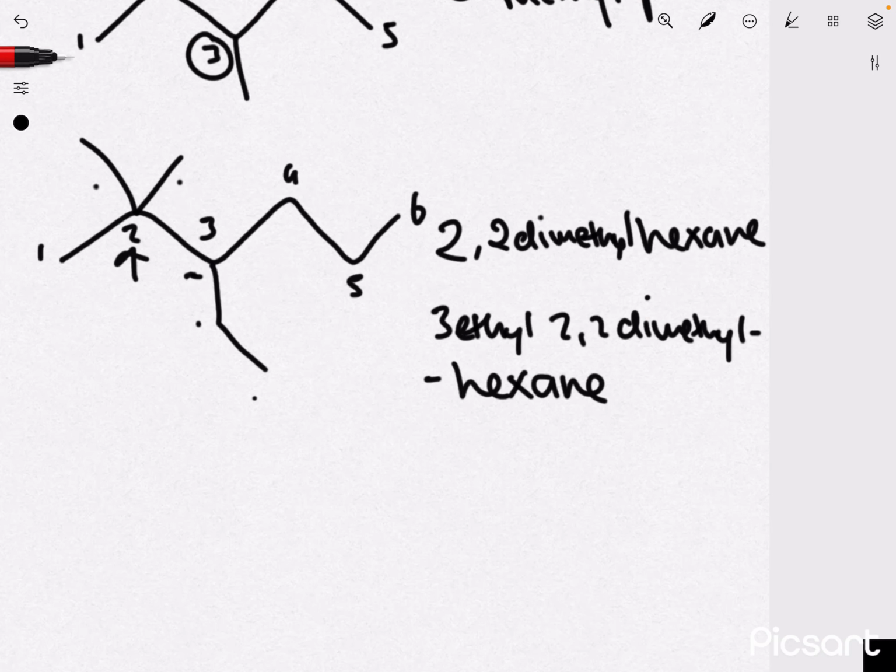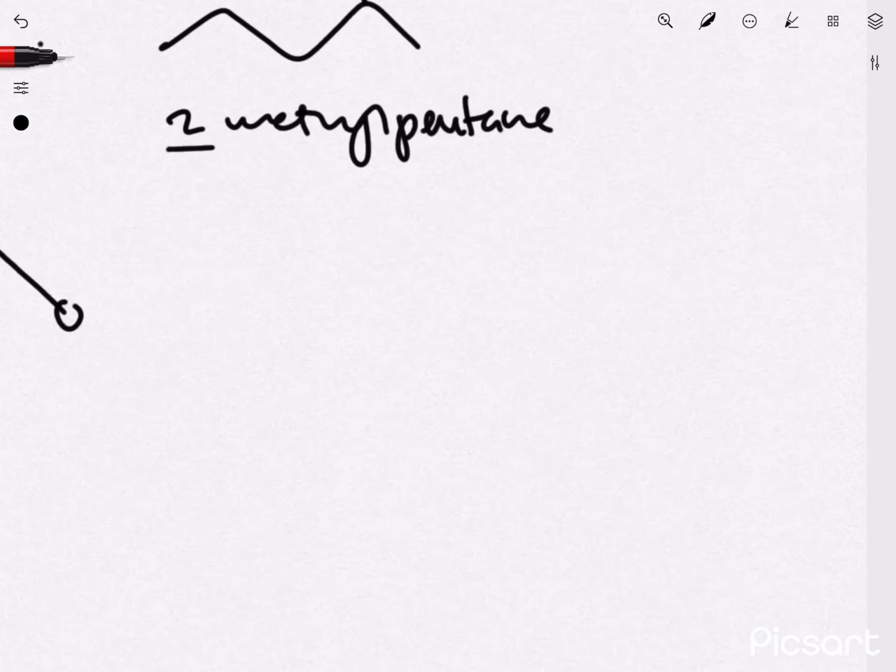Now, something to keep in mind when naming compounds is the IUPAC nomenclature, which is essentially a set of rules that chemists use, set by the International Union of Pure and Applied Chemistry, a systematic naming system so that people name the same compounds in the same way.